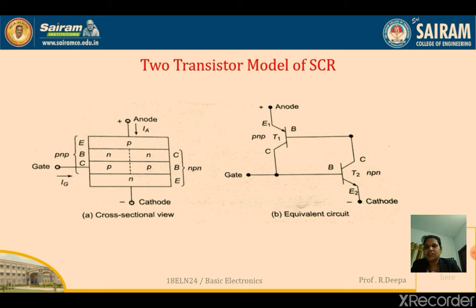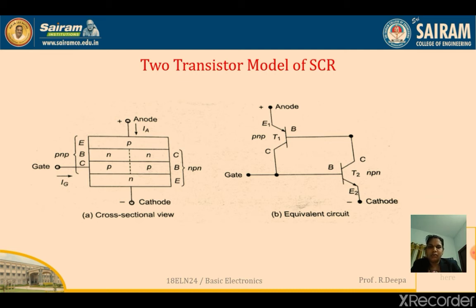So here we are imagining that the SCR can be modeled as two transistors, one PNP and the other an NPN transistor, connected back to back. The anode terminal is taken from the top P material, and the cathode from the bottom N-type material. So this represents the cross-sectional view of the SCR as a two transistor model.